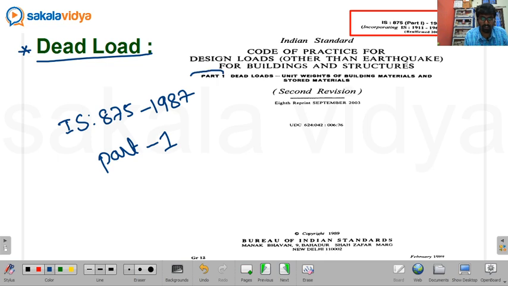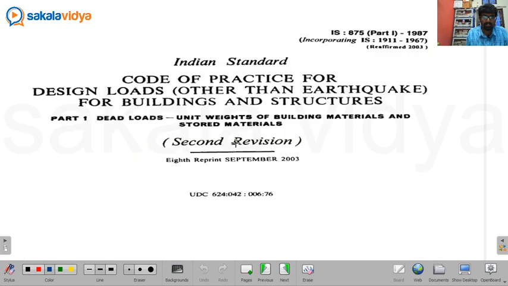Part 1 is specially meant for designing of dead loads. So for dead load, we must follow the code book IS 875 part 1 1987. This is the code book that we have to refer for designing dead loads.